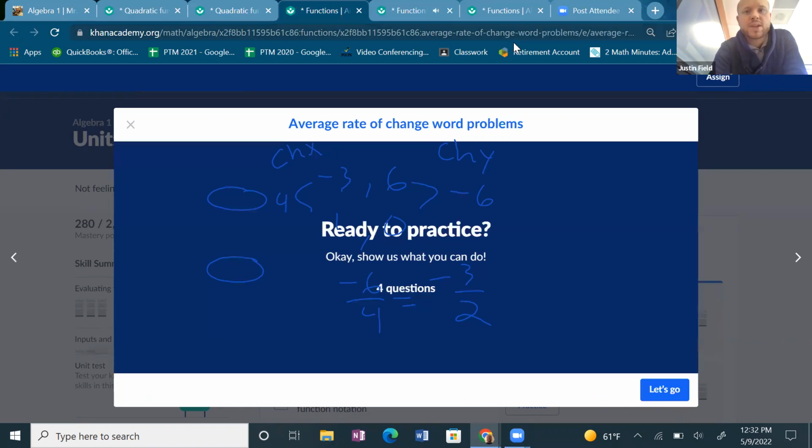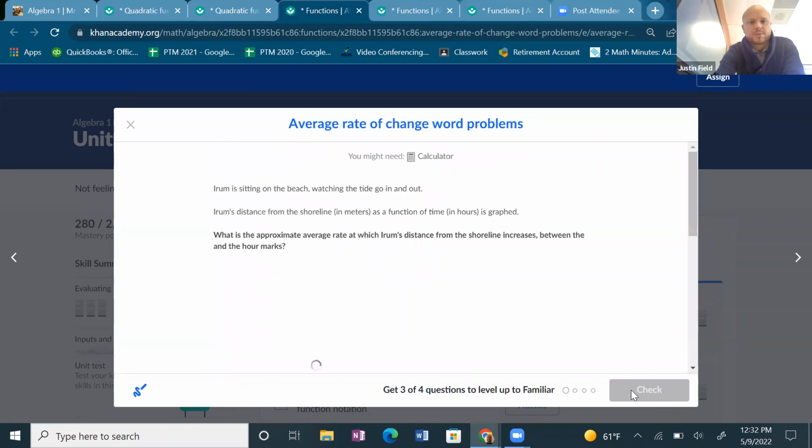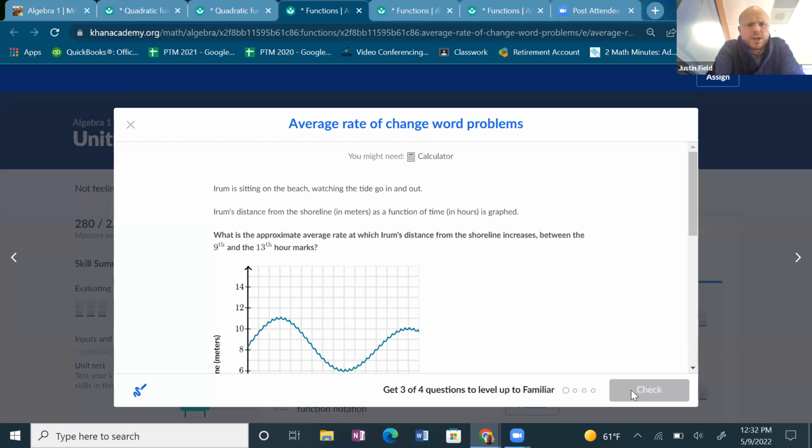All right. Now on to the word problems. Someone is sitting on the beach, watching the tide go in and out. Wow, that sounds so nice. Uram's distance from the shoreline in meters as a function of time in hours is graphed.